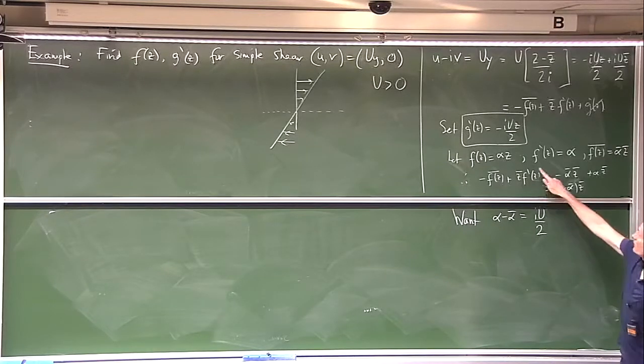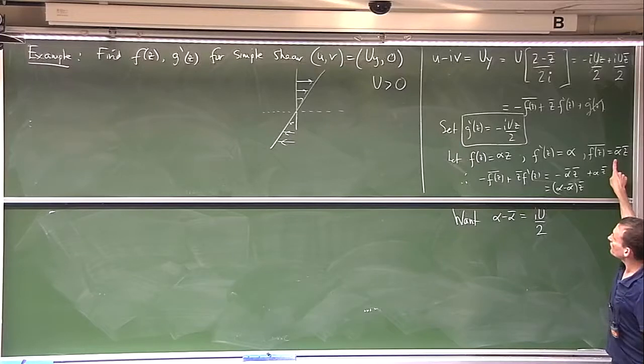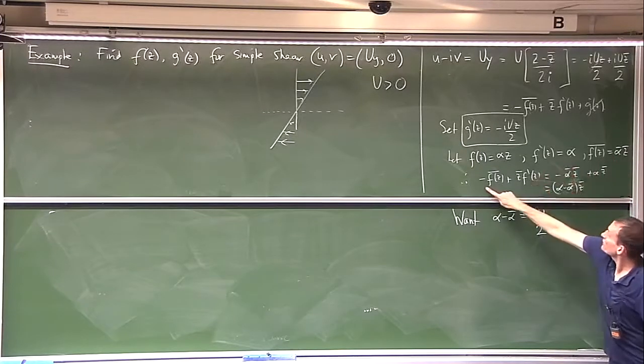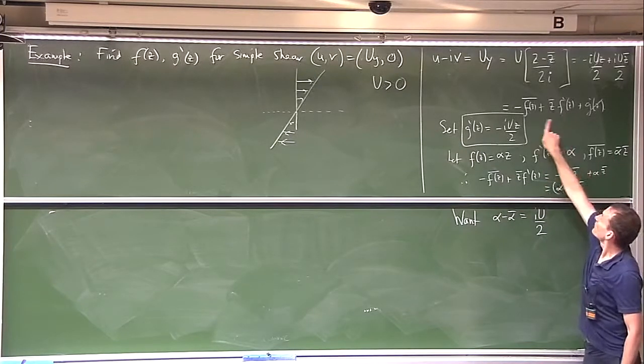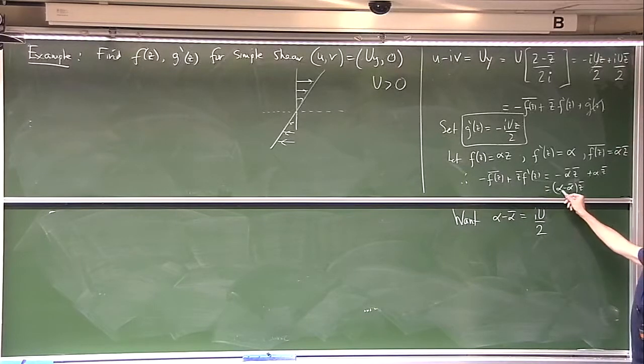See? If this is my answer, this is my guess, which implies this and this, I've then substituted this thing, and by the way, if you substitute these, you just get this, and then I want that to be that. So alpha minus alpha bar better be iU over 2.